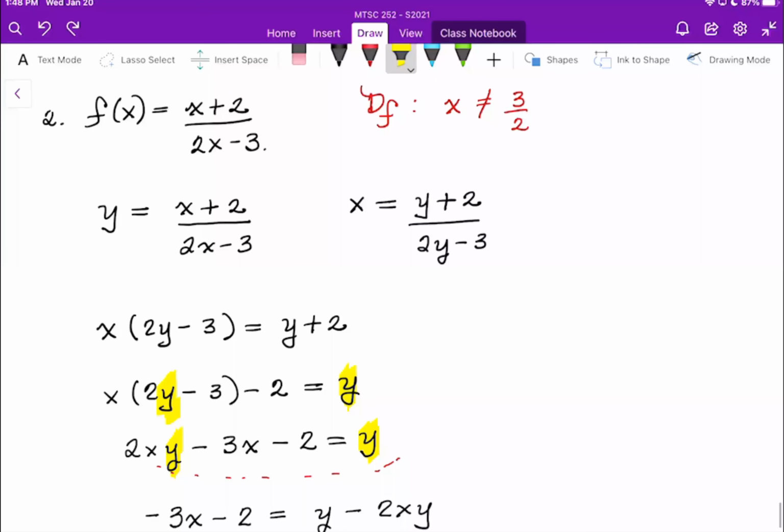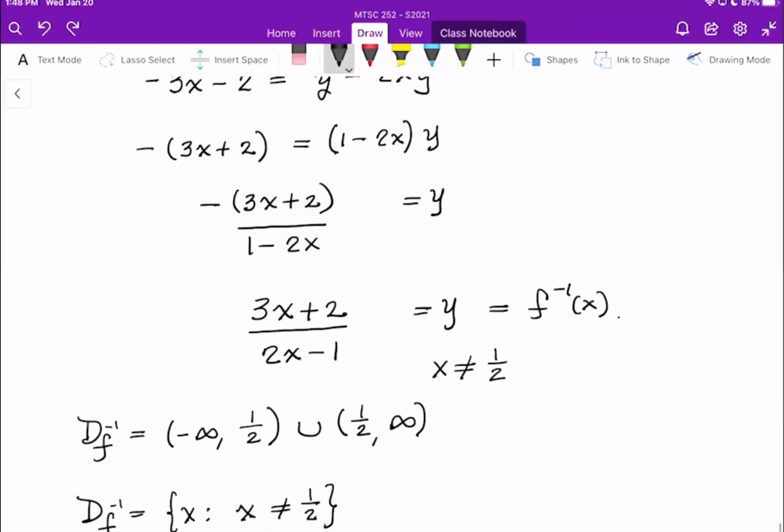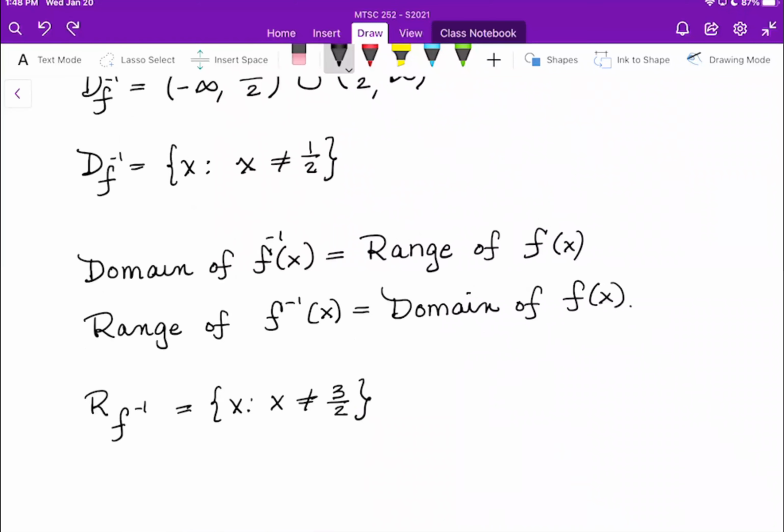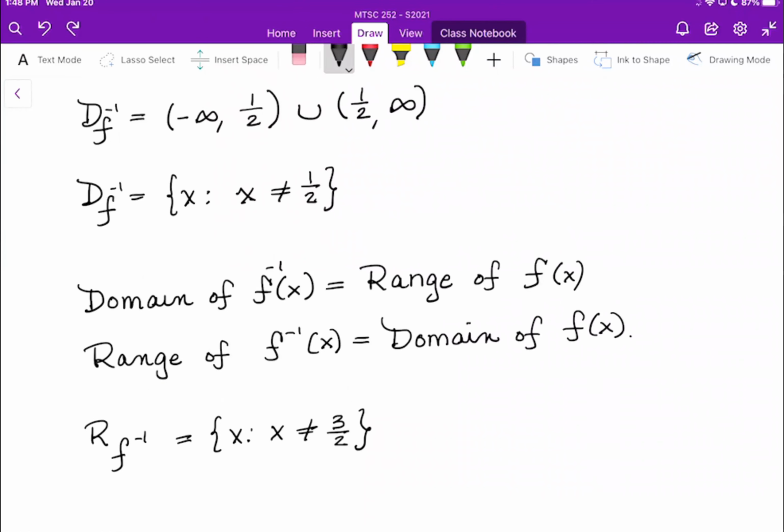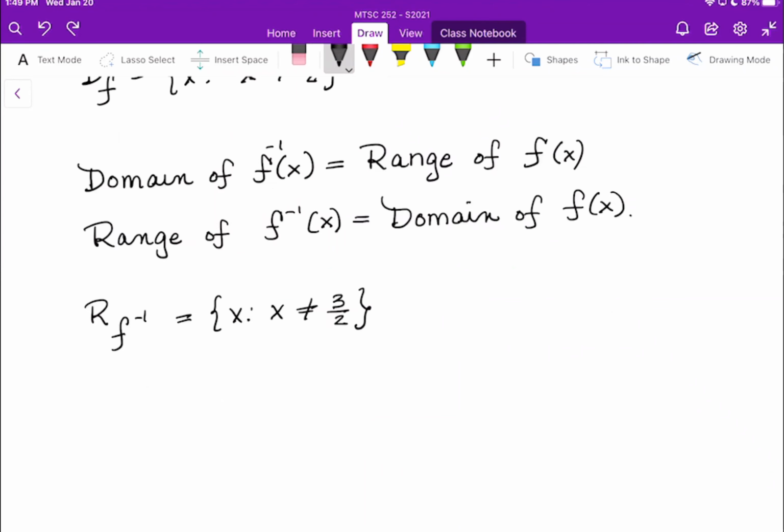Okay, any questions? I have a question. Yes, Lauren? So I know that we wrote the domain in interval form. Do we also write the range in interval form? Yes, you can.